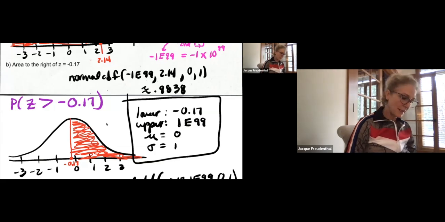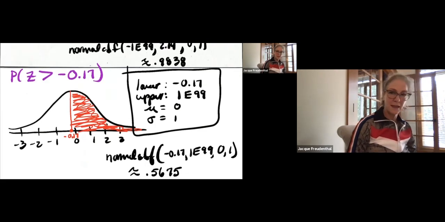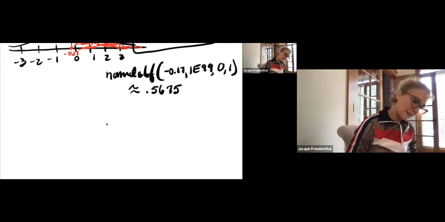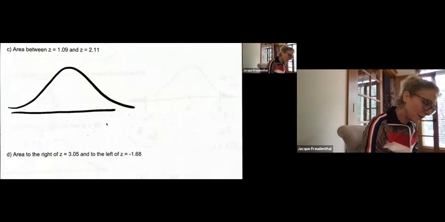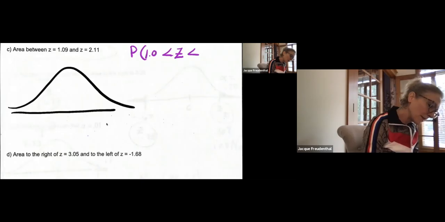So my probability statement, my graph, and then my probability. Now for the area between, it would be the probability that Z is between 1.09 and 2.11.